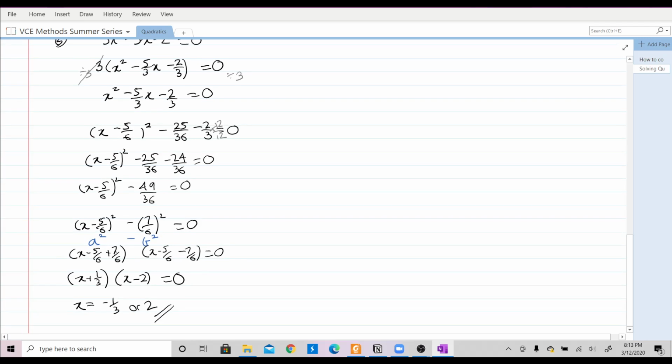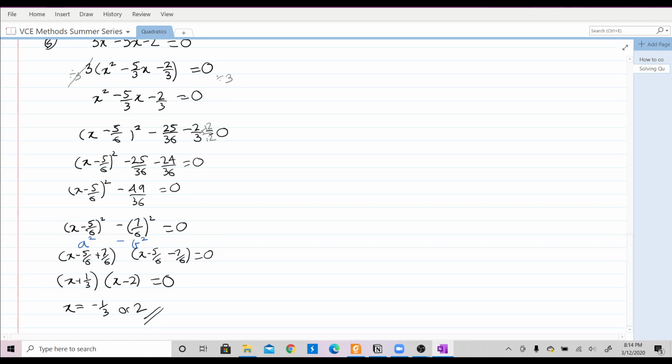I'll also show this last one using method 2 as well. So this was method 1 here. Using method 2, we'll have (x - 5/6)² = 49/36.